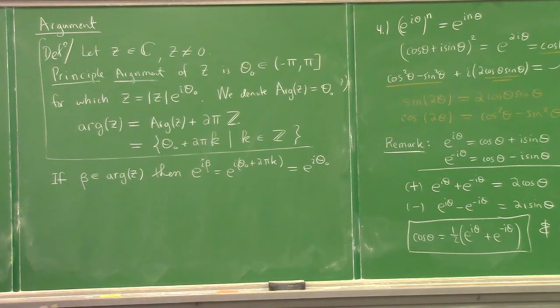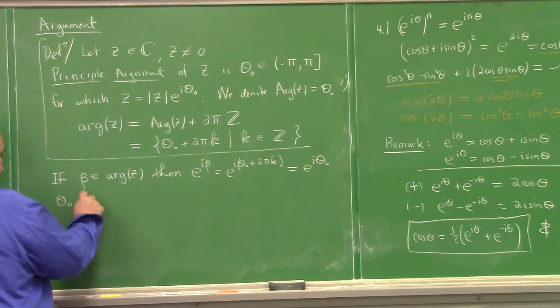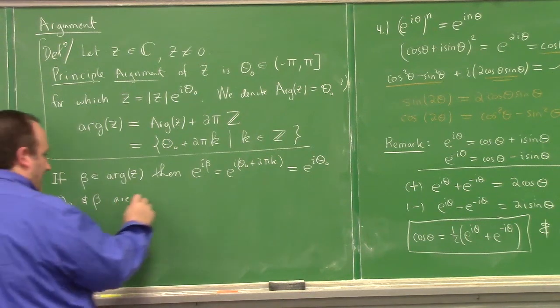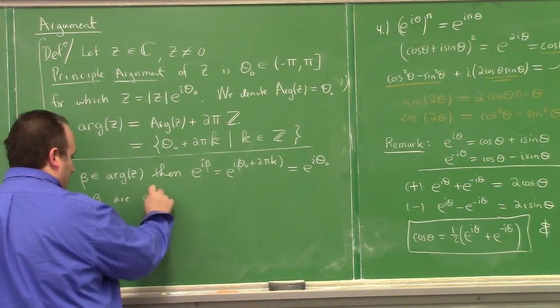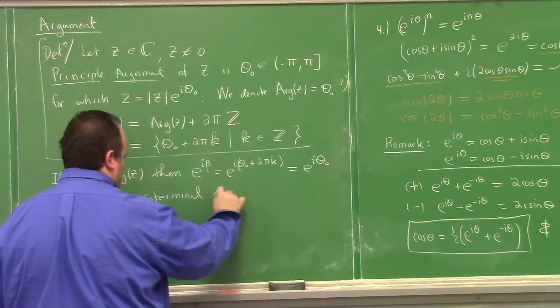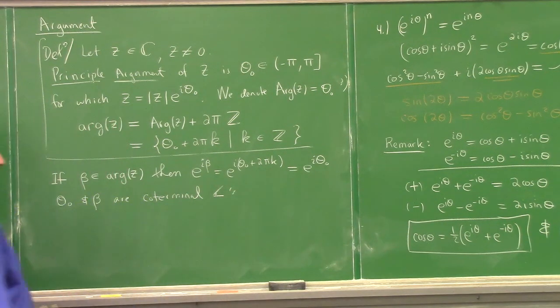What word do we use in trigonometry to relate, say, this beta and this theta naught? What kind of angles are those? Coterminal. Coterminal angles, right?